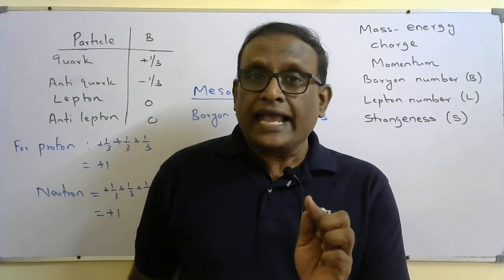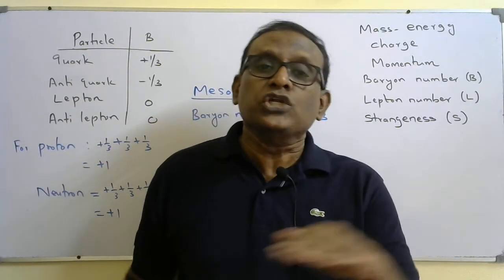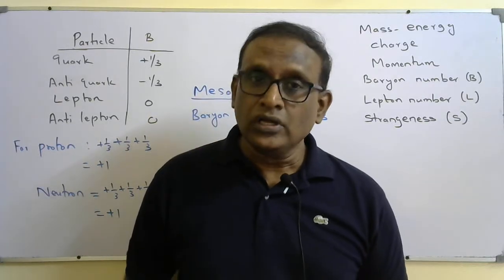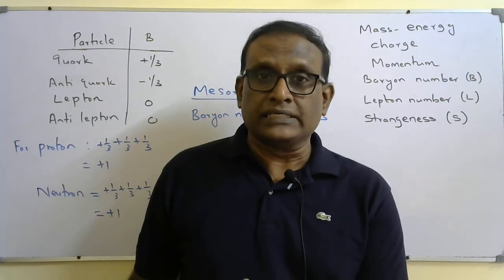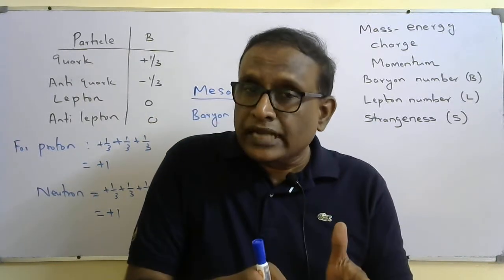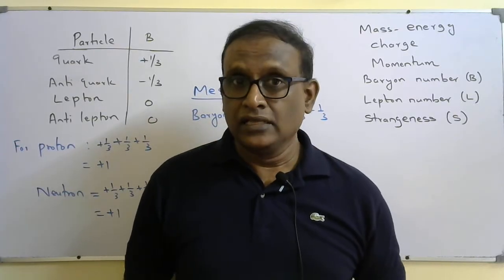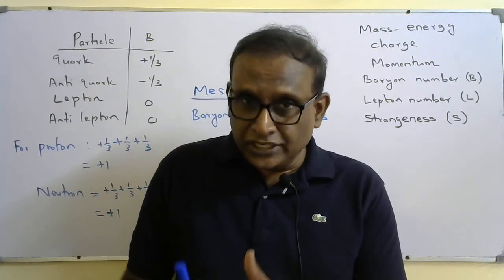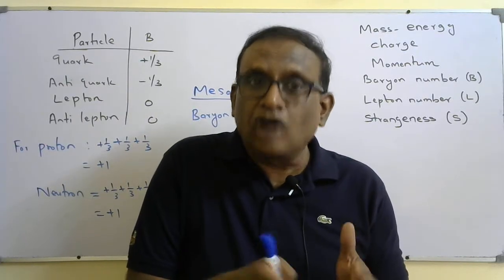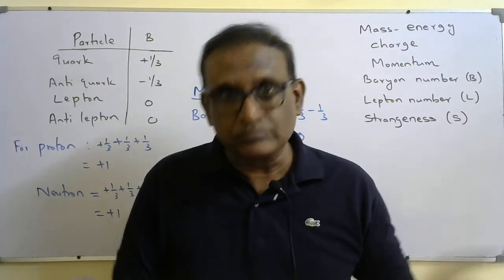Each proton has baryon number plus 1. Each neutron has baryon number plus 1. So the mass number and the total baryon number of the nucleus are the same. Remember that.